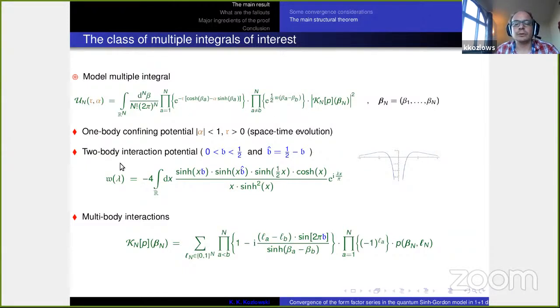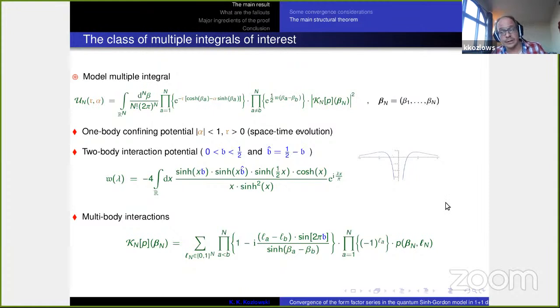So for the Sinh-Gordon model, the two-body interaction potential, you have a closed form for it in terms of its Fourier transform. It's actually not so important for the details of the analysis. Maybe, I mean, the precise formula is not so important. What is important is the overall shape it takes, which I have plotted here for some specific value of the parameter b, which will be between 0 and a half, and b hat, its complement, 1/2 minus b.